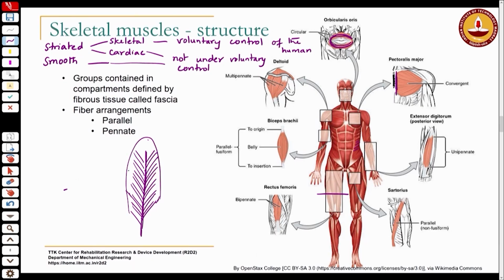Okay. So, you imagine you have this kind of feather structure. If it is only on one side, this is called a unipennate.